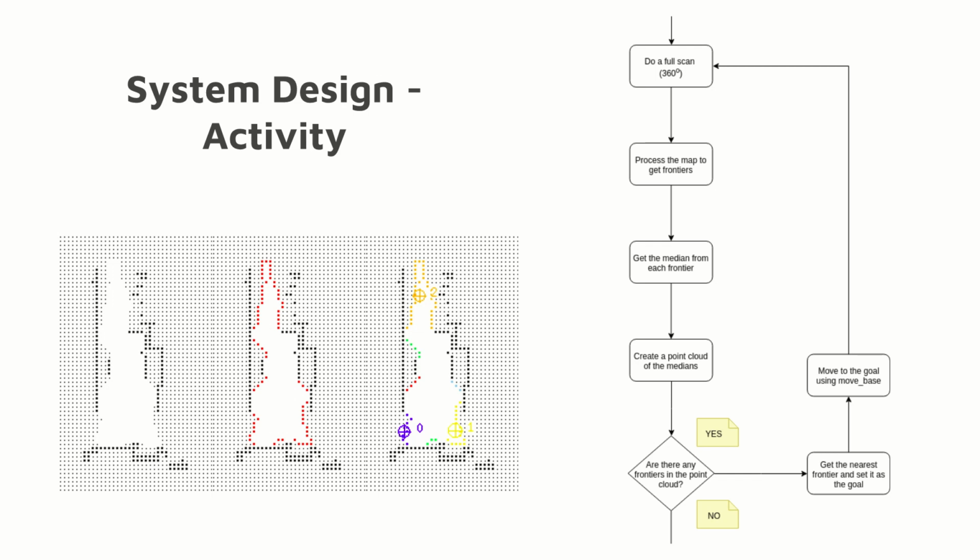One interesting thing that MoveBase does is that it dynamically avoids obstacles. That's really helpful in this case. Once it reaches that position, it does the 360-degree scan, processes the frontiers, and so on. We keep moving until we've mapped the whole space.